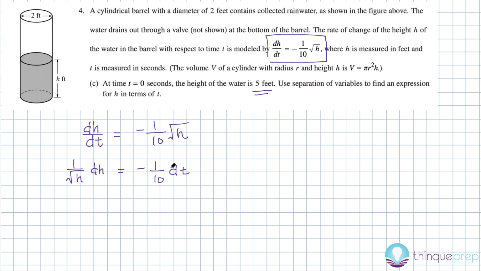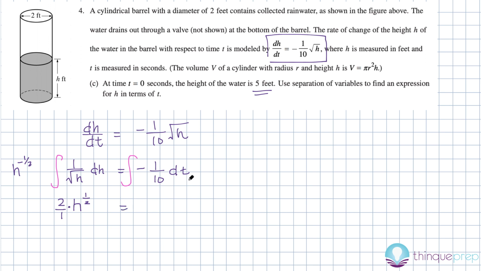And in doing so, by separating these variables, then we can take the integral of both sides. Now remember that 1 over root h is the same as h to the negative 1/2 power. So then when we take the integral of both sides, this becomes h to the 1/2 power times 2 over 1.